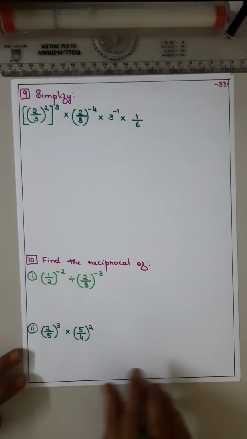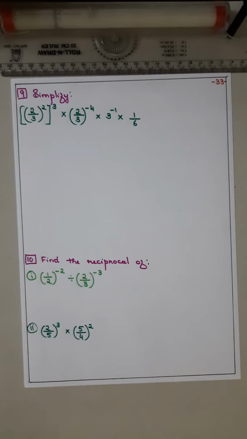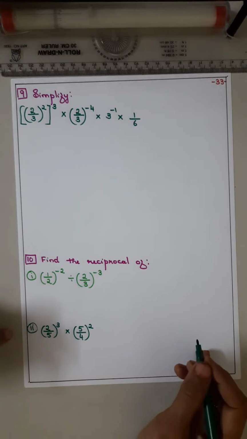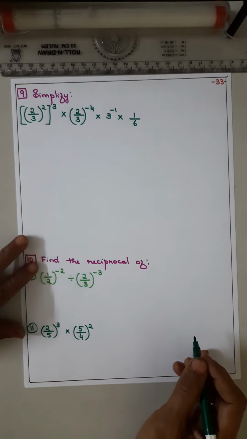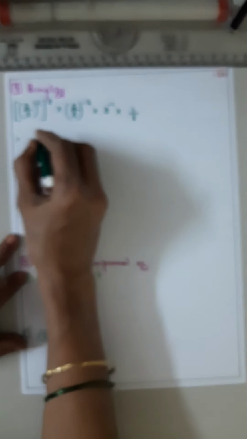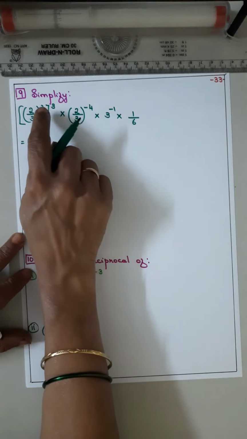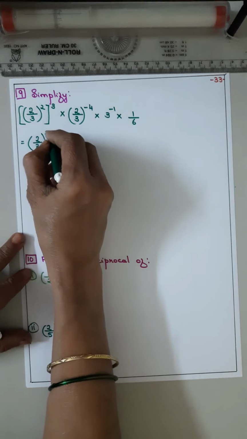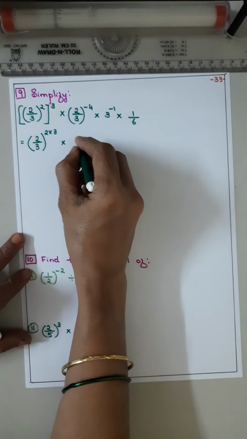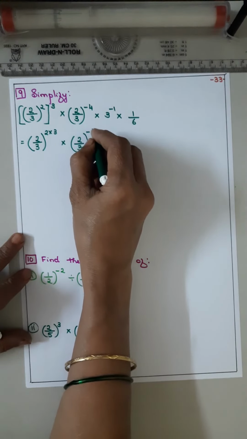Now coming to question number 9, we have to simplify. First the bracket is there. See the question. First 2 by 3 the whole squared, the whole raised to 3. So first what we have to do? 2 by 3 the whole raised to 2 into 3, into 2 by 3 the whole raised to minus 4.